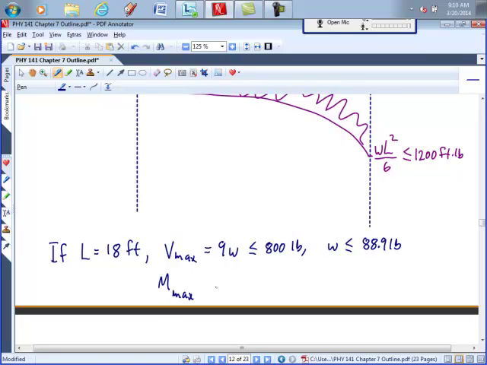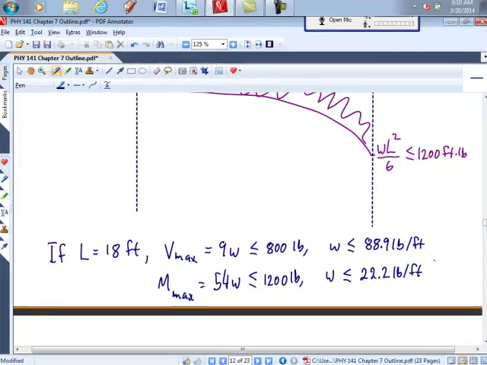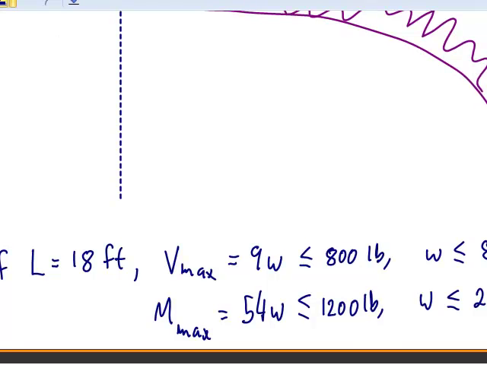So M max is equal to 54W, which has to be less than or equal to 1200. So that tells us W is less than or equal to 22.2, and that's pounds per foot. Which one do we choose? I always choose the lower one.